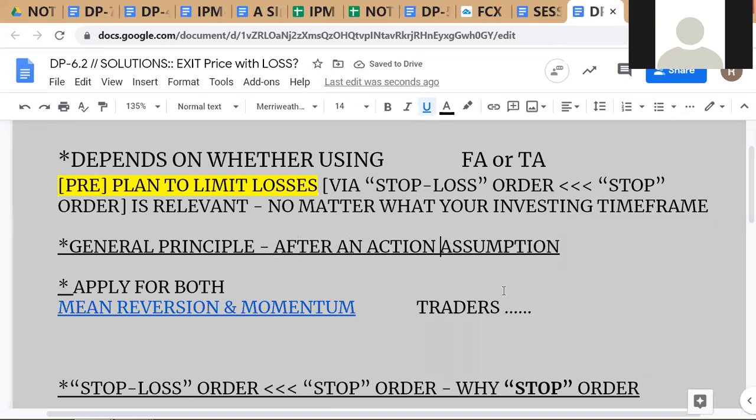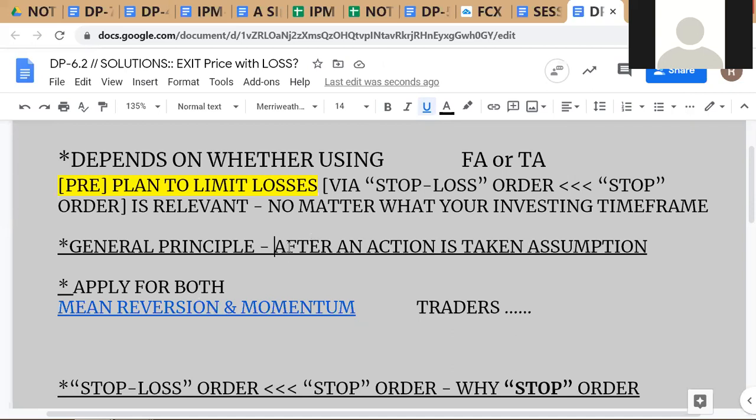These are very general principles. You can apply this in areas outside trading also. Very common sense, but we are still stating it because we want to be very, very logical. We want to understand all the assumptions, all the logical steps.